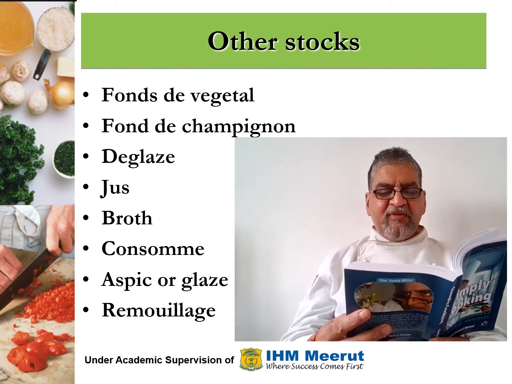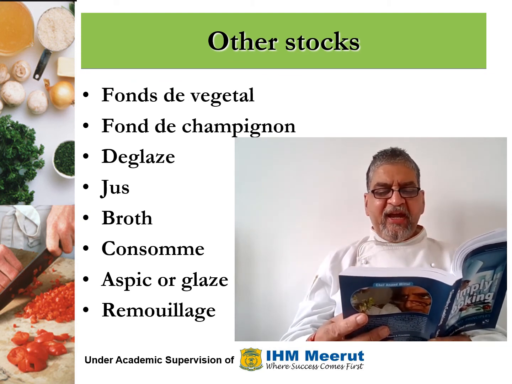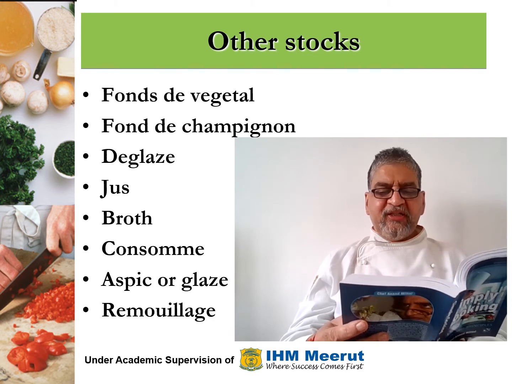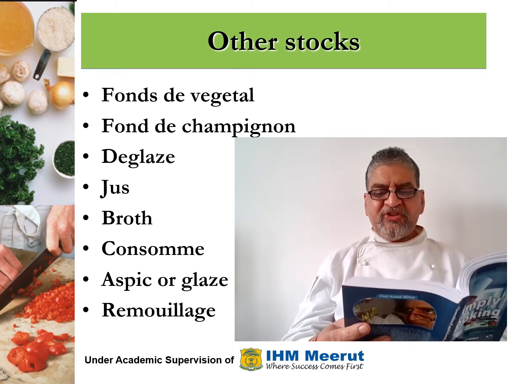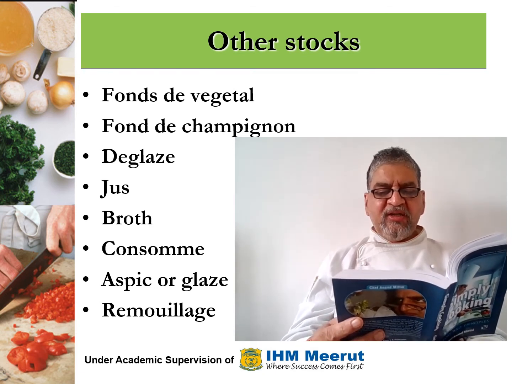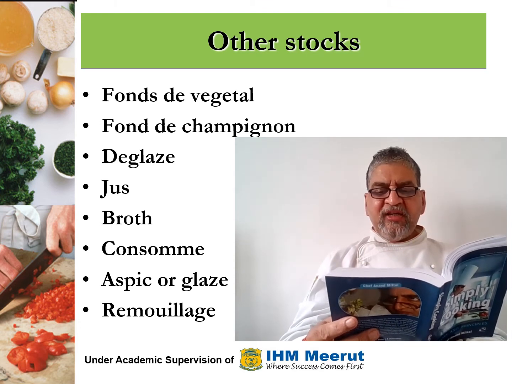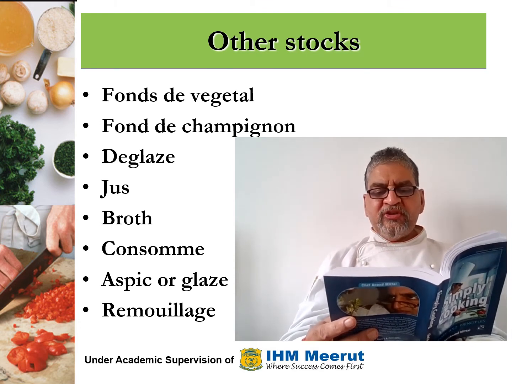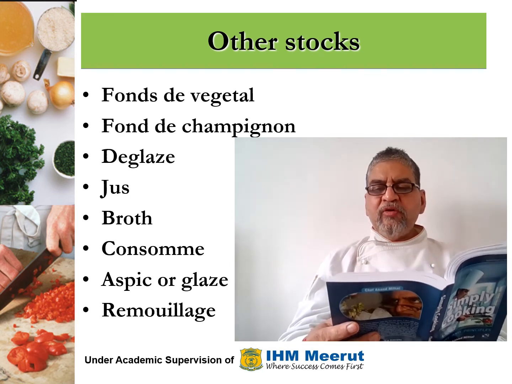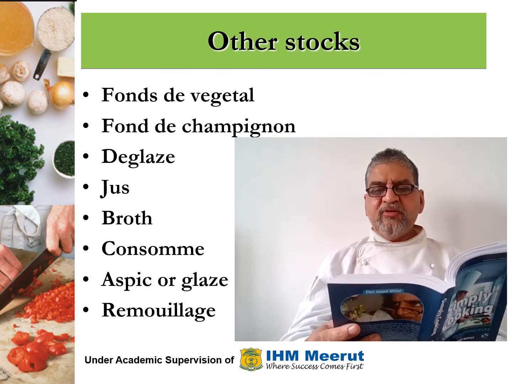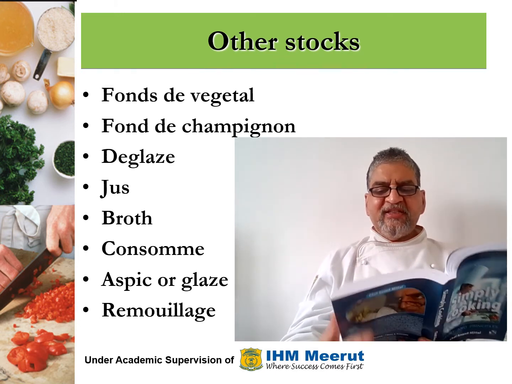Aspic is ready when a small portion of this clear stock is refrigerated and it sets like a jelly. Aspic or glaze is used to add to sauces, soups, etc. to increase their nutritive value and to give them a shine. It is also used on cold foods such as pâté, poached eggs, cold fruits, cold cuts, etc.